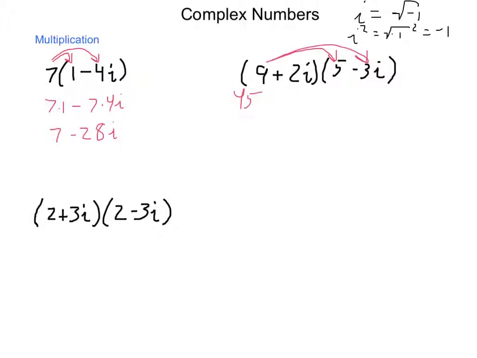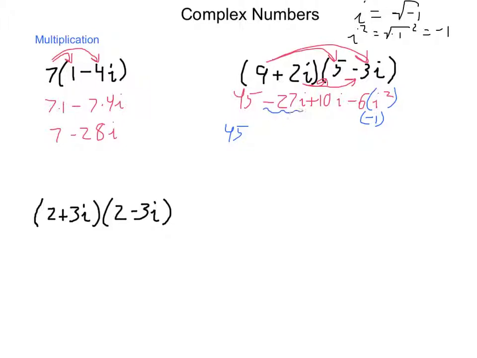9 times negative 3i is negative 27i. 2i times 5 is 10i. And then 2i times negative 3i is negative 6i squared. But bear in mind, this i squared is actually a negative 1 multiplier. So that allows me to simplify 45.